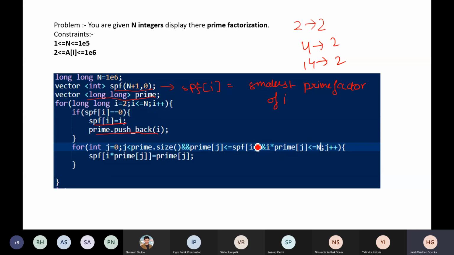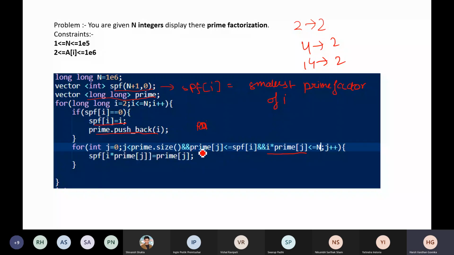So what is SPF of i? We'll understand why that condition is important. I am calculating i times prime of j, where prime of j means the jth prime number present in the array. That must be less than or equal to n, because we are calculating only up to n, so this condition is important.